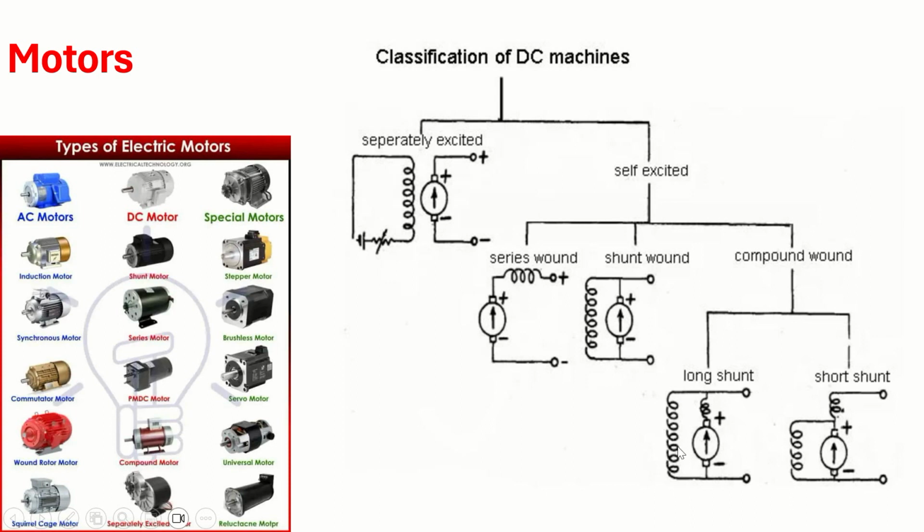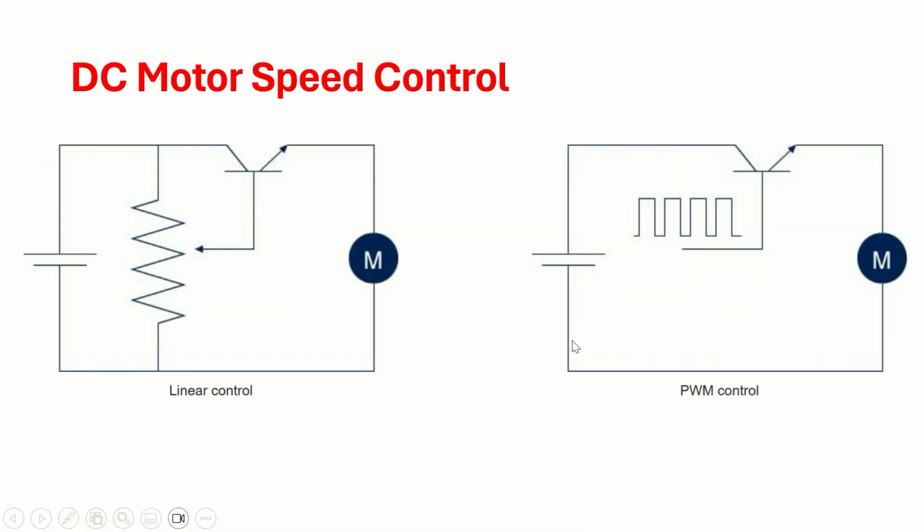Long shunt means, as you can see, the complete coil is across the armature, or maybe a partial one only across the armature. There is a basic difference in the interface between the field coil and the armature, so accordingly they are classified as far as the construction is concerned.